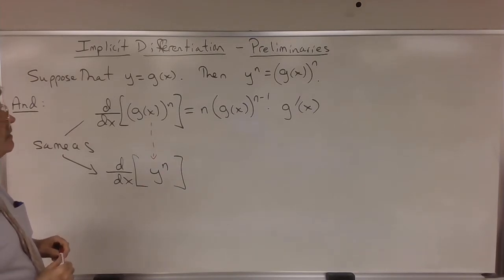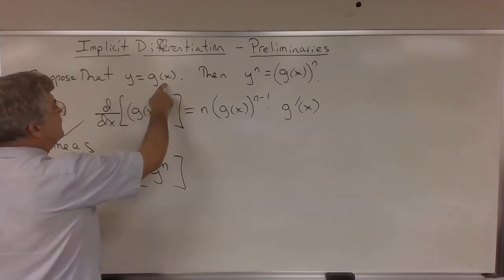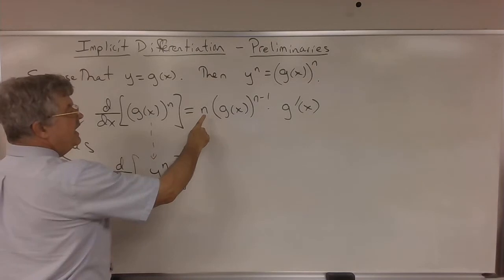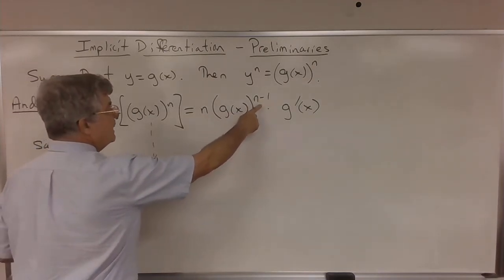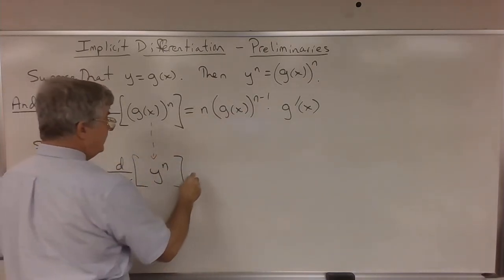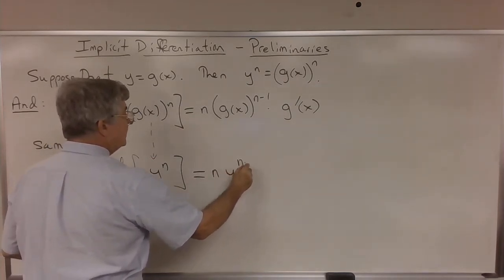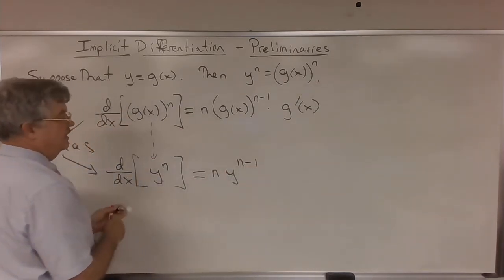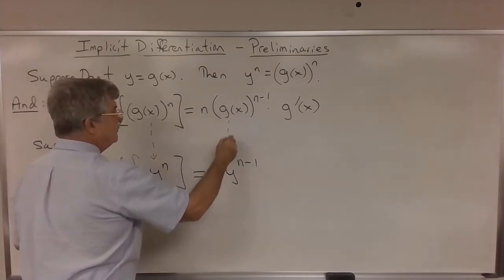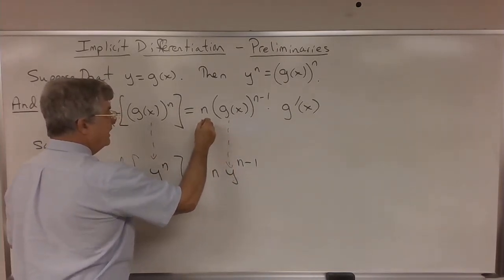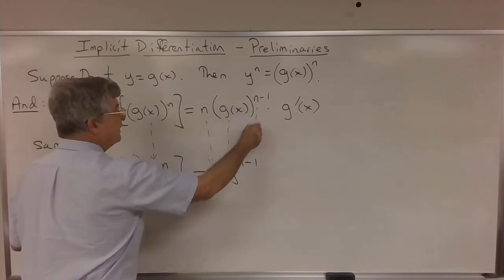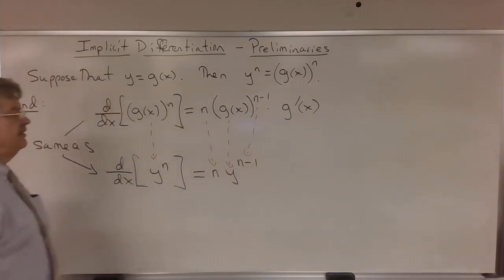And n g of x to the n minus 1 is exactly the same as n times y to the n minus 1. We just replaced g of x with y, and n and n minus 1 stay the same.